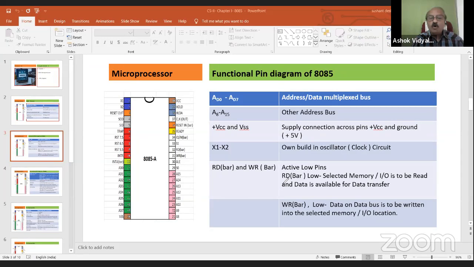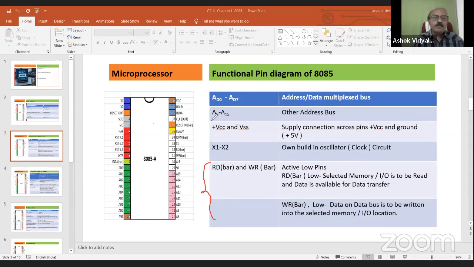When it is low, it indicates that the memory or IO is to be read and data is available for the data transfer. When WR bar, that is write, is low, the data on the data bus is to be written into the selected memory location. Let's see, this is very, very important.